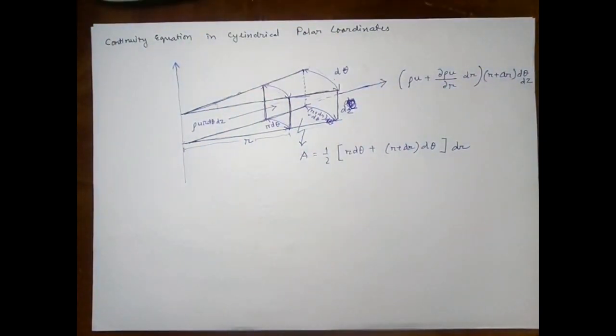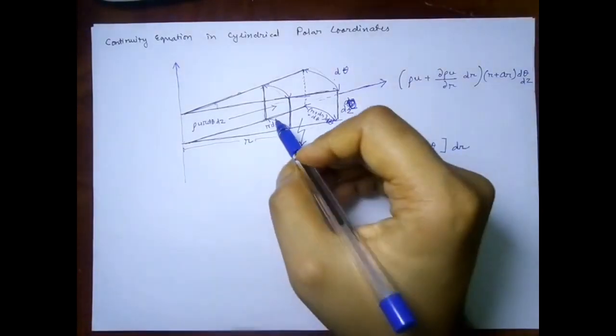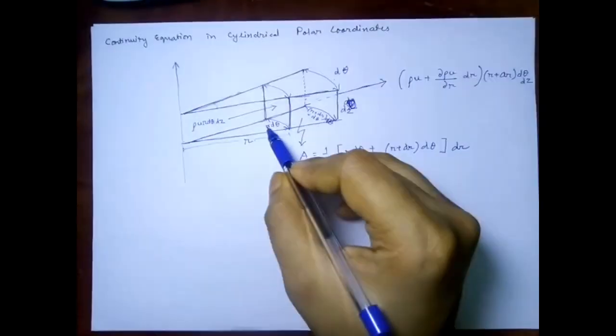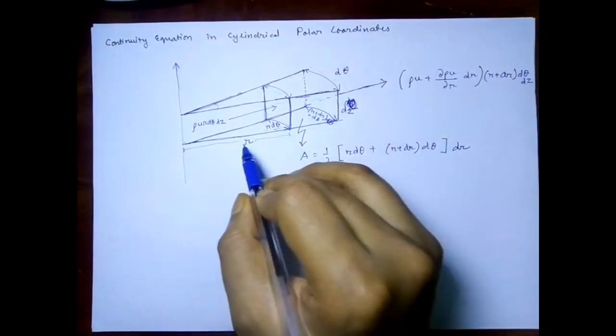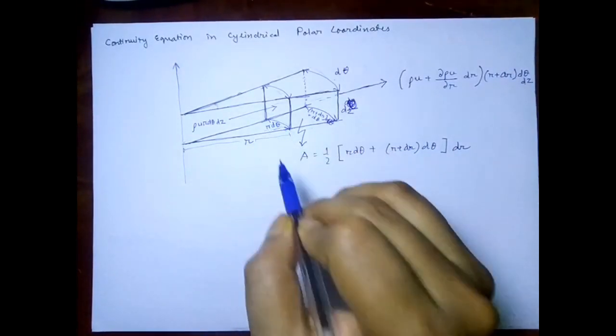So what I can say is that this particular arc will be of r d theta length, right? The radius times the angle, that is r d theta.